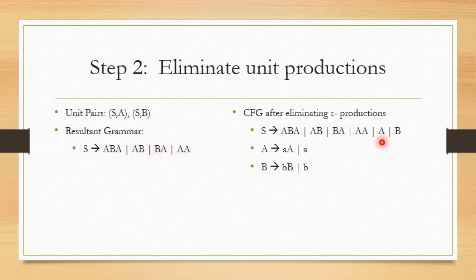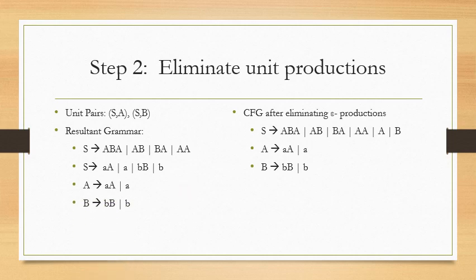In addition, for A I will have these two productions, and for B I will have these two productions. You can write them in the same line with a separator. Since there is no space, I have written them separately.